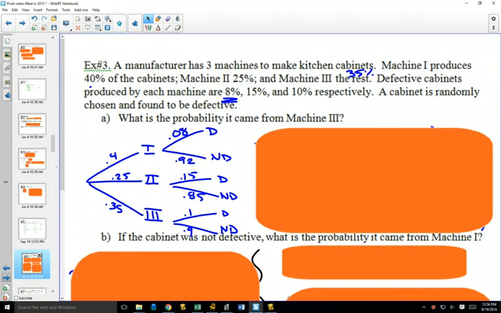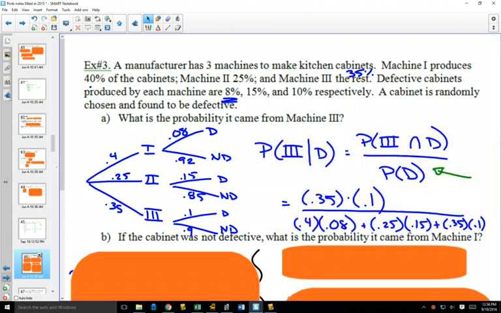And for questions like this where we don't have a Venn diagram or a chart to easily see what that condition reduces our sample space by, the formula becomes very nice to use. So our formula would look like this. We want to find the probability of machine 3 given it was defective.